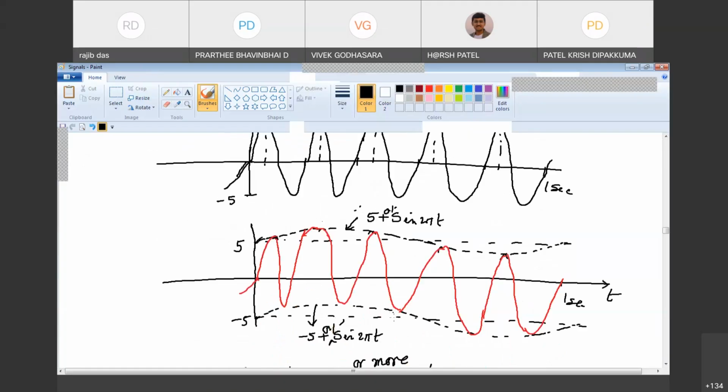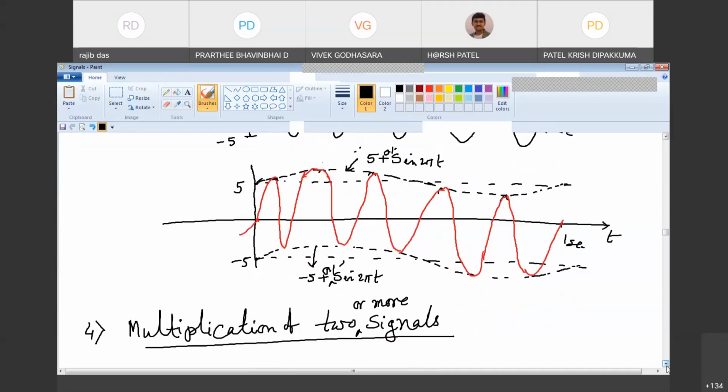So this is not exactly the minus of this one. It's not a mirror image. It is because of addition, and there it is multiplication. I think you can think more about these two.